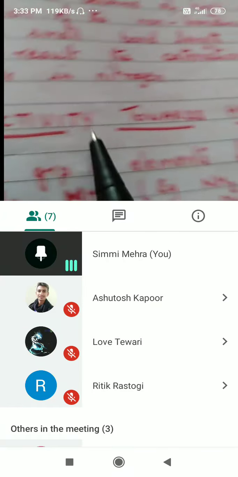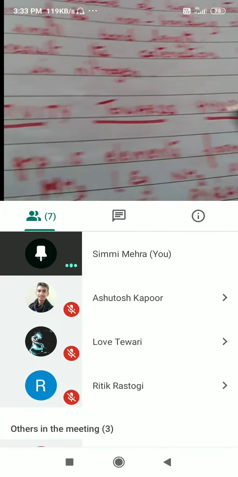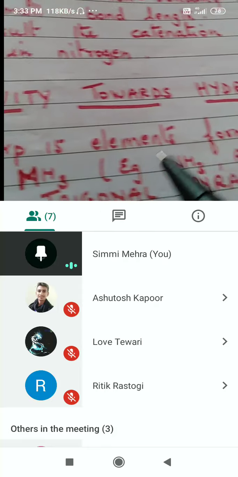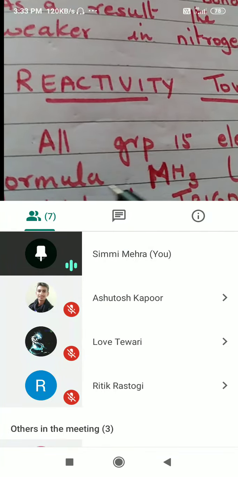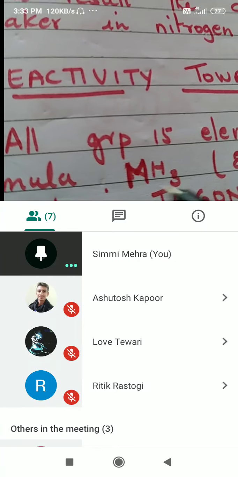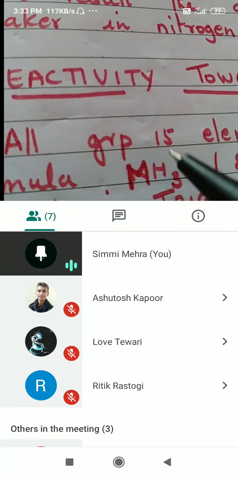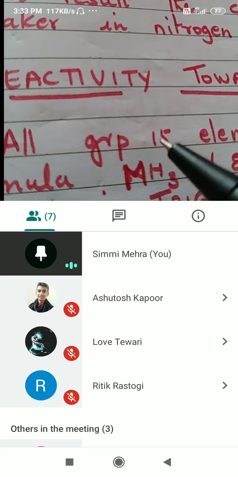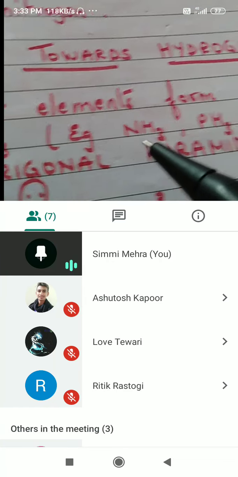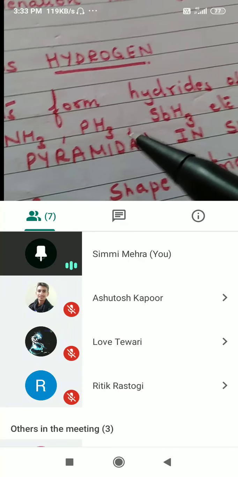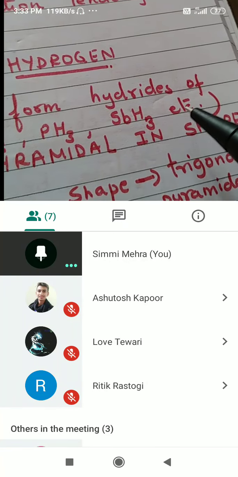Now, reactivity towards hydrogen. Here all group 15 elements form hydrides of the general formula MH3: NH3, PH3, AsH3, SbH3, and bismuth hydride. Example ammonia, this is phosphine, antimony hydride.